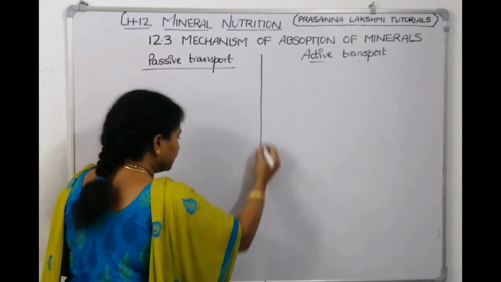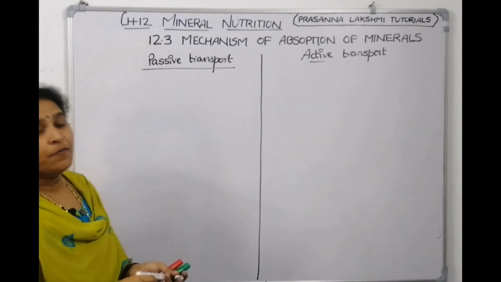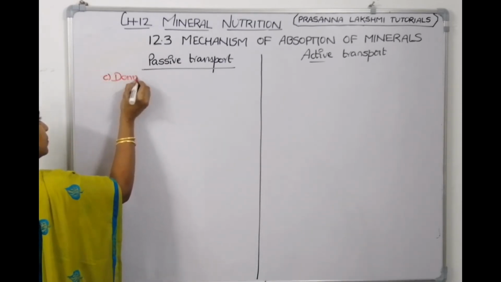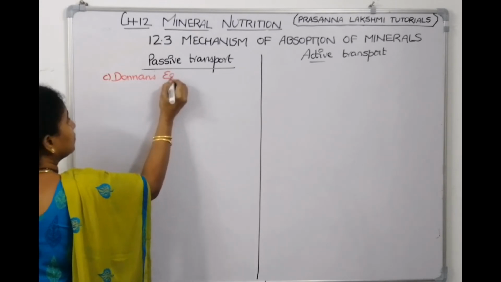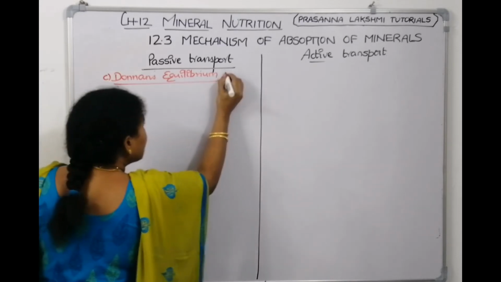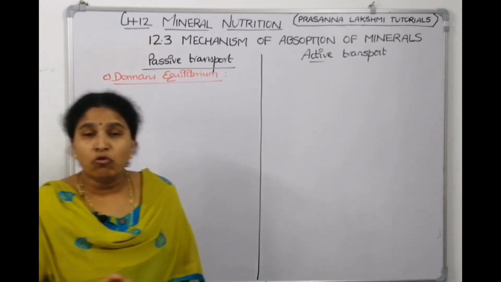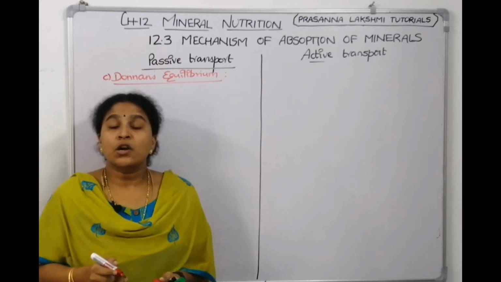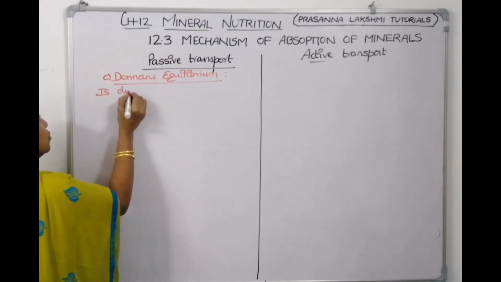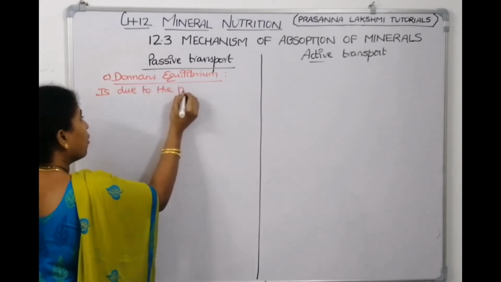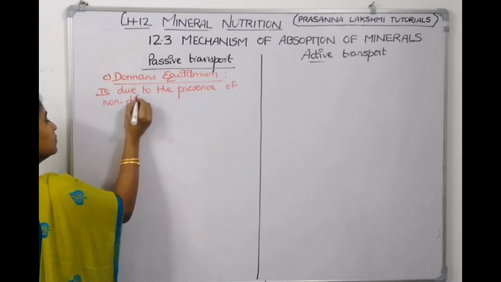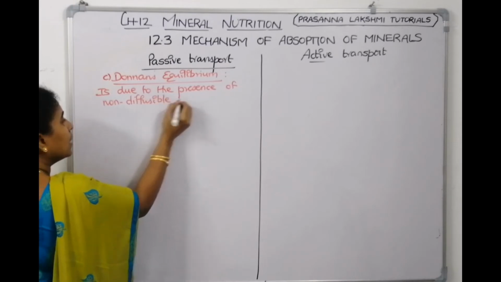The third type is called Donnan's equilibrium. Donnan's equilibrium is due to the presence of non-diffusible ions.